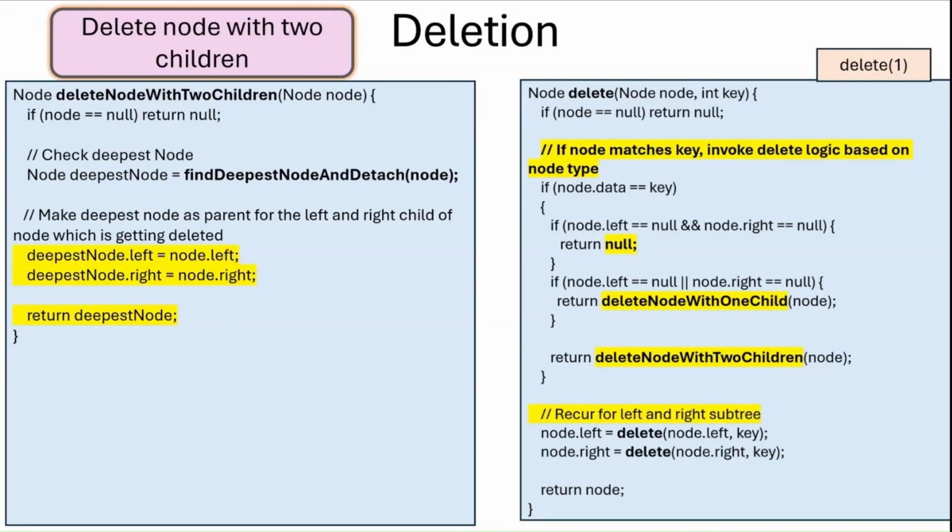And also we understood the deletion process and the 3 cases we need to handle: deleting the leaf node, deleting the node with 1 child, and deleting the node with 2 children, and how the logic for each case is handled separately. This will definitely help you understand the basic knowledge about how insertion and deletion work in a binary tree.